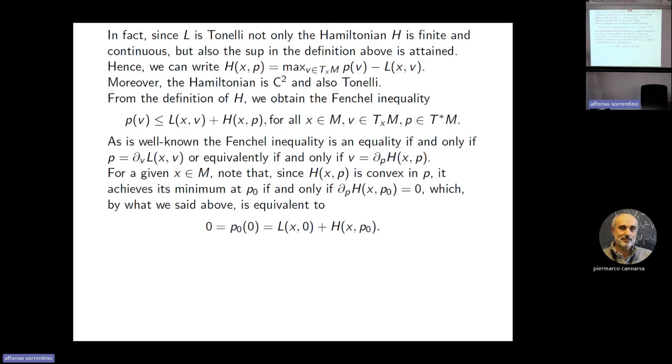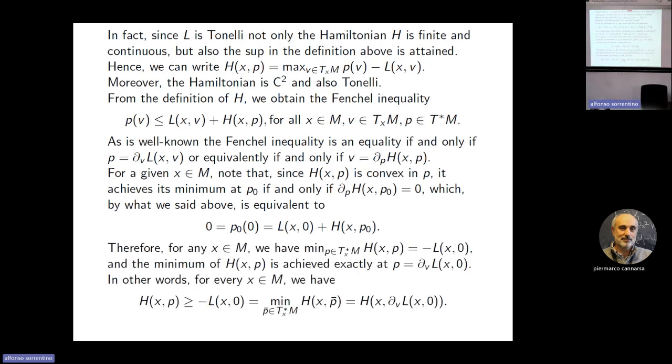So this is the minimum of H(x, p) in p. So we get that the minimum of H in p is minus L(x, 0), and it's achieved exactly at p equal to the partial derivative of L with respect to v at (x, 0).